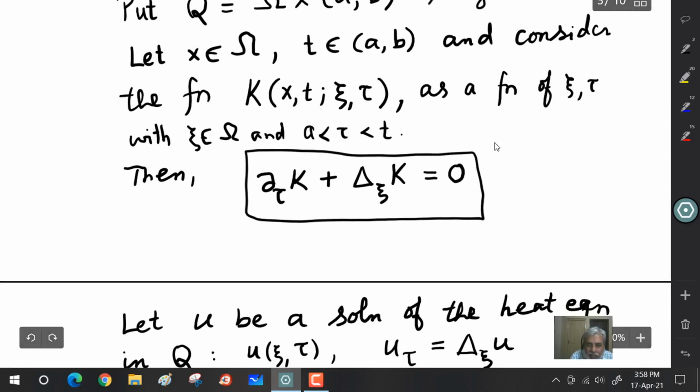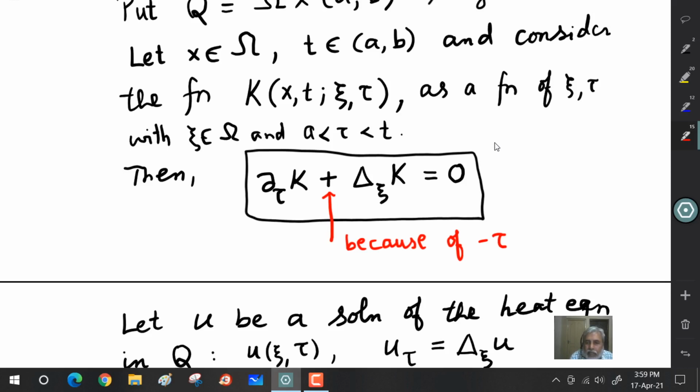Okay, and this has a plus here, this is because of the minus tau. Okay, so if you write this k of x, t, xi, tau, let me write that one here.